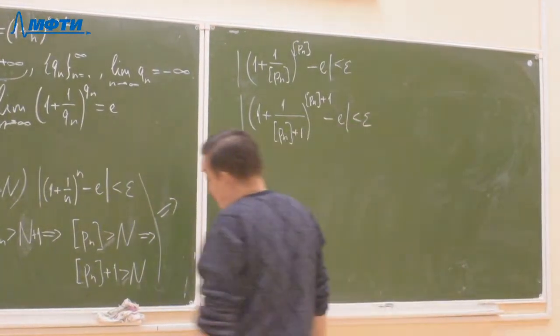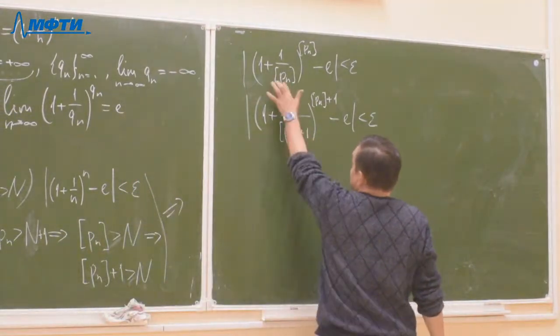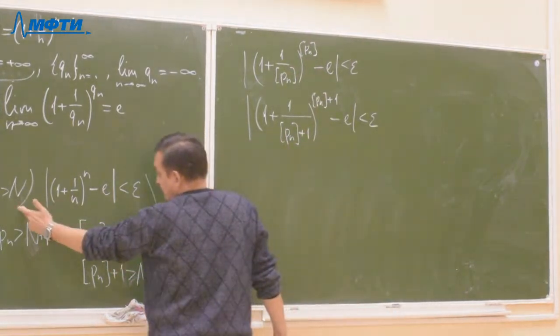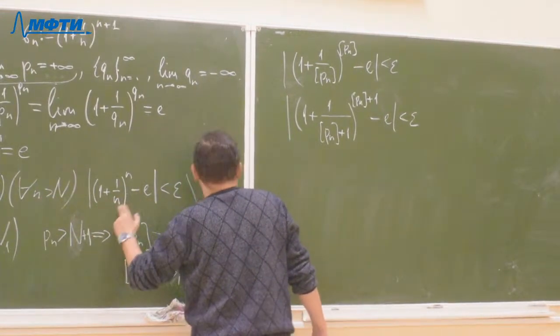So both are satisfied because those are natural numbers greater than capital N, and for them, I'll use them instead of small n here.